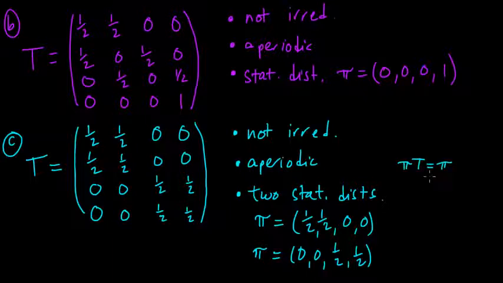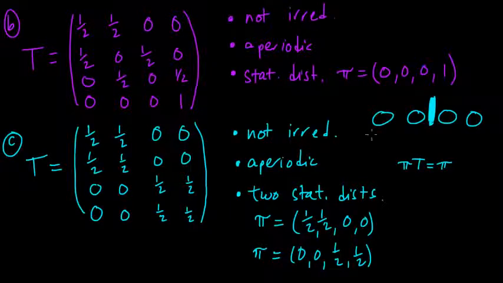Both of them satisfy this. So the idea here is, you got these 4, and there's sort of like a wall in between. So you can sort of break it up into 2 separate Markov chains in some sense.